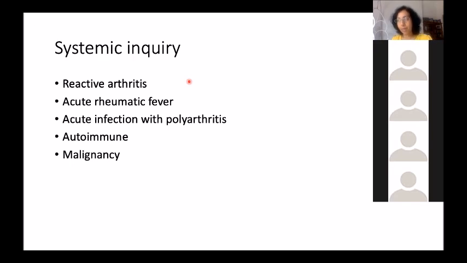Okay, I mean, you consider viral post-infective causes, like EBV and cytomegalovirus, are possible, right? Any important bacterial pathogen that can cause post-infective arthritis following pharyngitis? Group A streptococcus. Yes, group A beta hemolytic streptococcus, right? Streptococcus pyogenes.